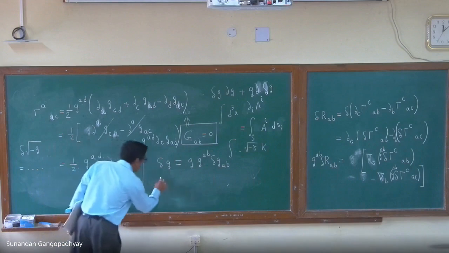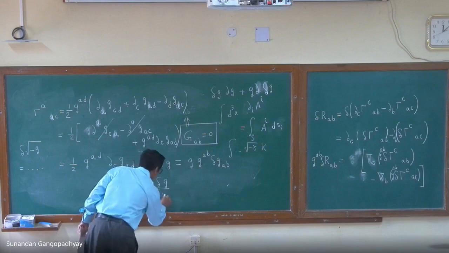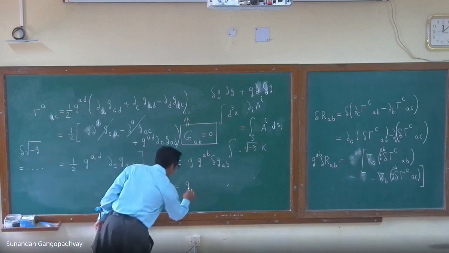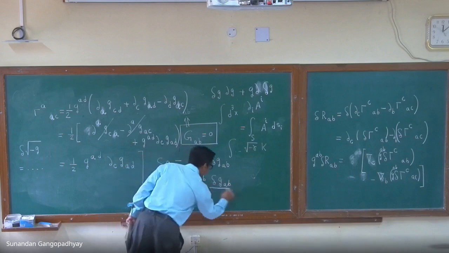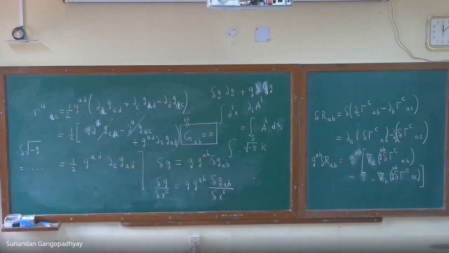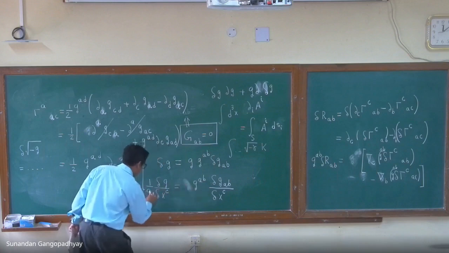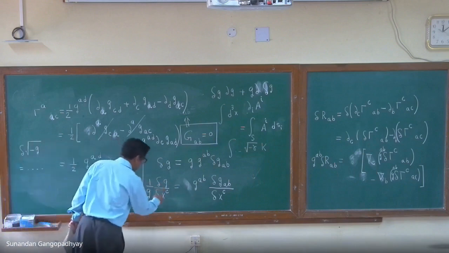Now, delta G, you take delta XC, say, so that is equal to G, G, the... so you can write this as 1 by G, 1 by G, there is delta G, delta XC.